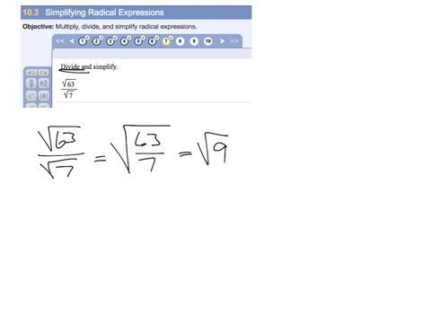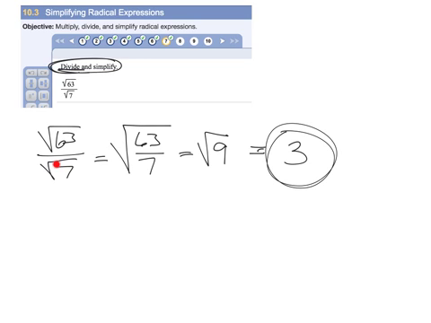So that ends up being root 9. Now this is saying what times itself is equal to 9, and the answer is 3. So they kind of gave us a little hint. They said first combine it together and divide. Then you get 3.